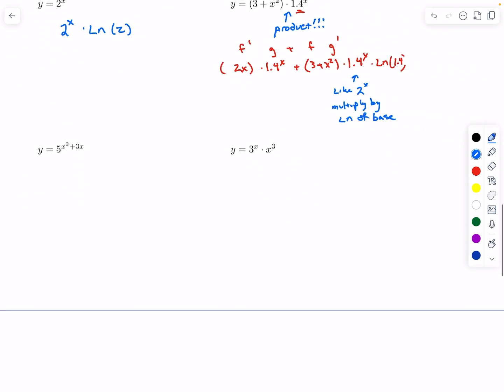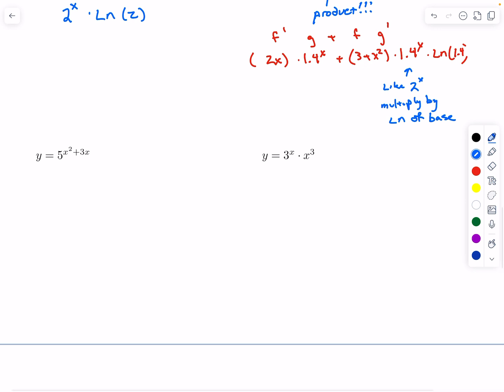Okay, next. This one's going to have two chain rule things. The derivative of 5 to the thing is 5 to the thing times ln 5. But then we have to deal with the fact that thing isn't just x. So we have a chain rule that says you have to multiply by 2x plus 3.